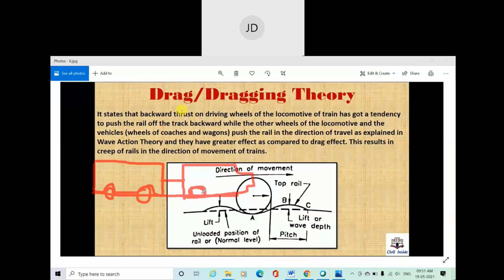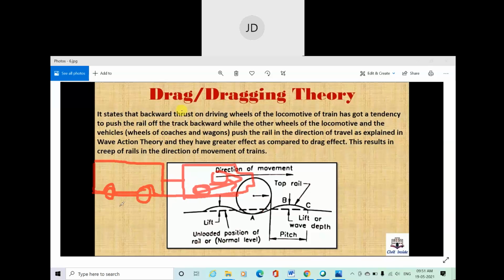Because of the engine power, the driving wheel tends to move in the forward direction, but it also has to experience a drag force from the compartments connected to the engine or locomotive.